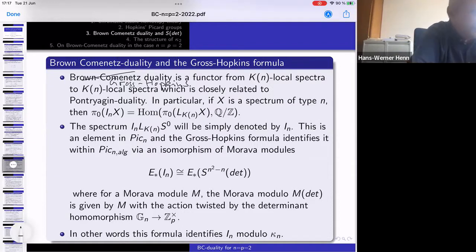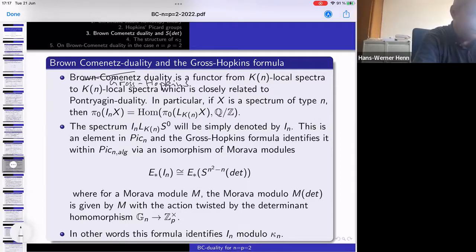This is an element in Pic n, and the Gross-Hopkins formula identifies it within the algebraic Picard group by an isomorphism of Morava modules. That means E star of In is isomorphic to E star of S^{n^2-n} twisted by the determinant. So the determinant is a certain homomorphism from Gn into the p-adics.